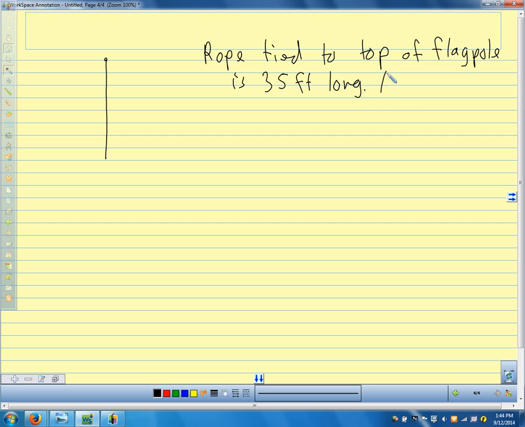It's attached 25 feet from the pole. We want to know what angle the rope makes with the ground.